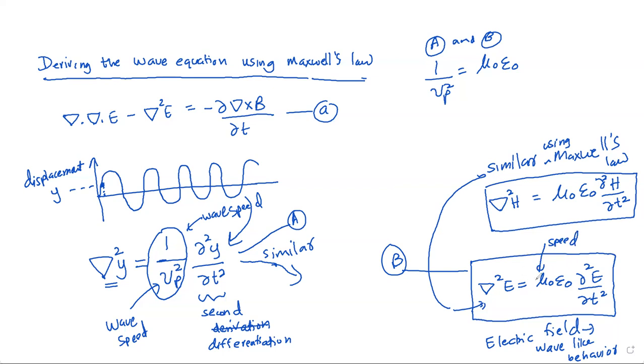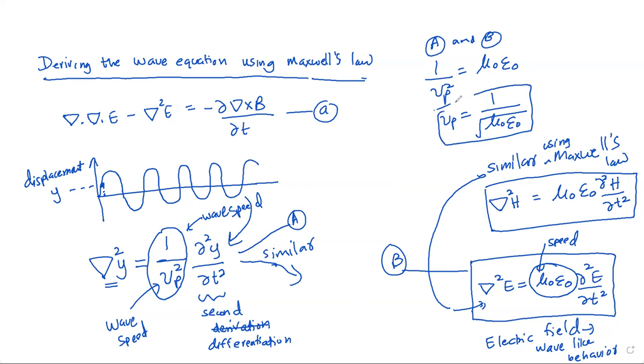I mean, this is not the speed itself, but this parameter can be used to equate and find out the speed of the electromagnetic wave. So the electromagnetic wave's speed can be found by taking 1 over the square root of mu naught epsilon naught.